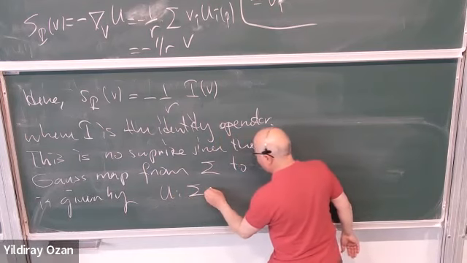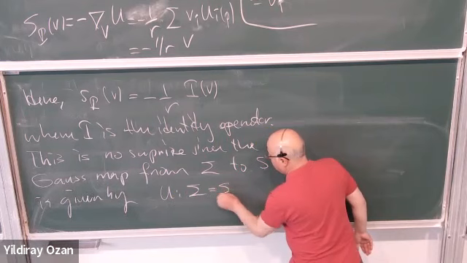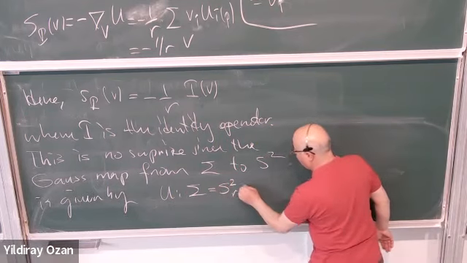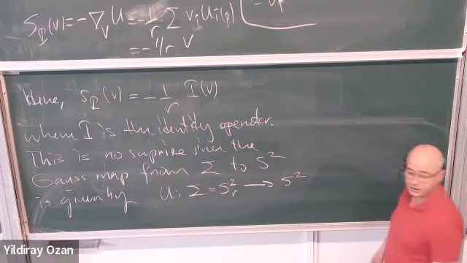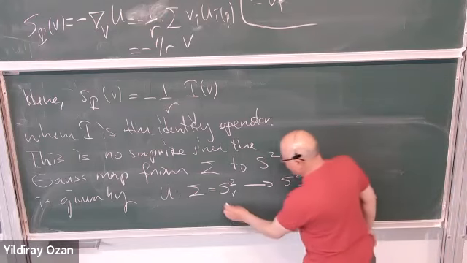From sigma. What is sigma? Sigma is the sphere of radius r actually. And what is the image of the Gauss map? It is the sphere with radius 1. And what is this map?